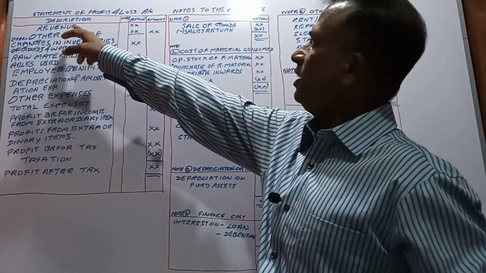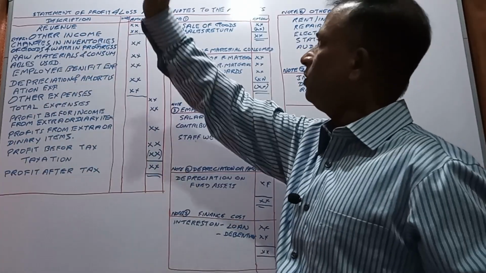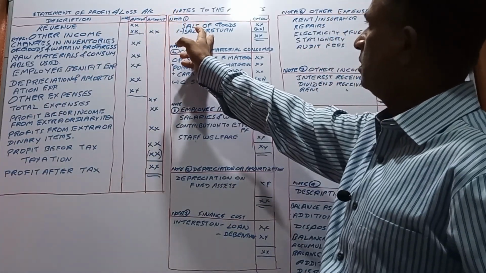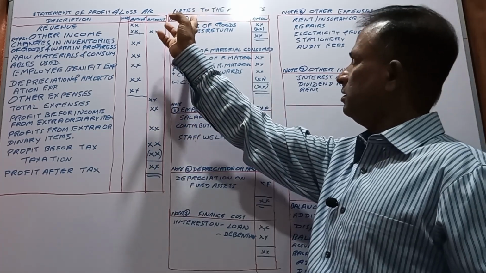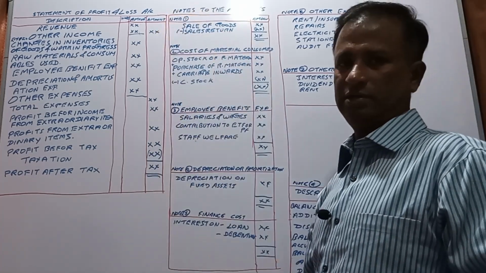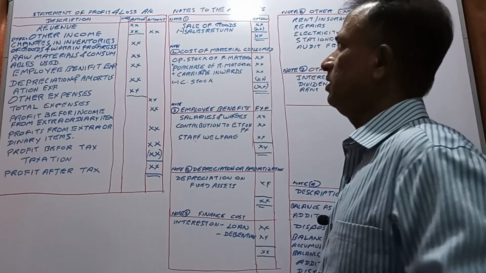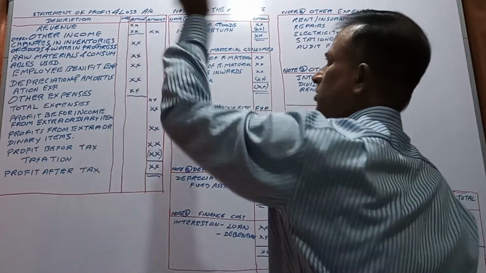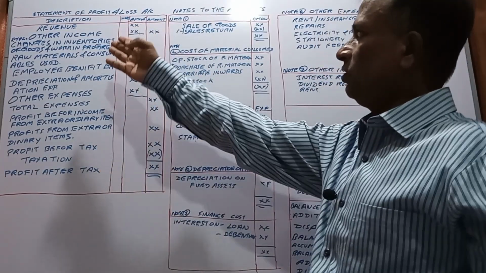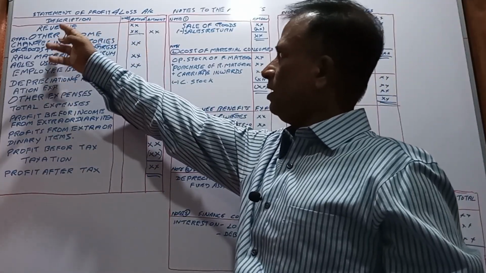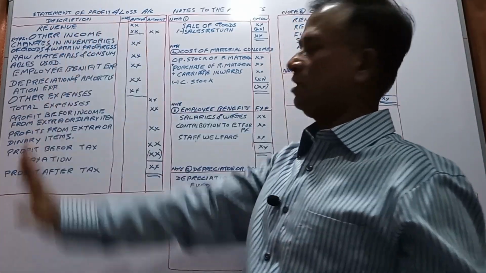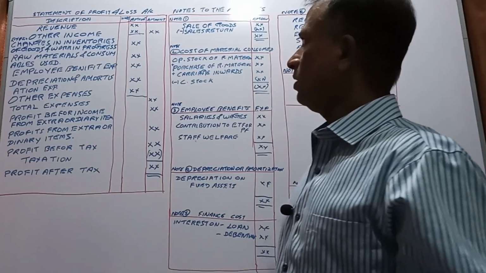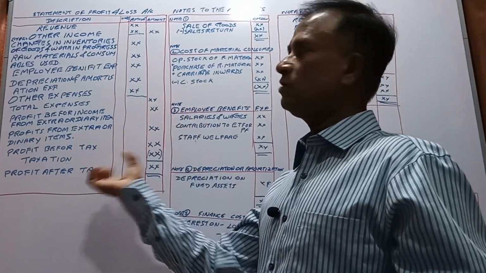So revenue consists of sales minus sales return, and that amount will be shown there. We don't show sales minus sales return and so on in the revenue column, so it is the summarized form.